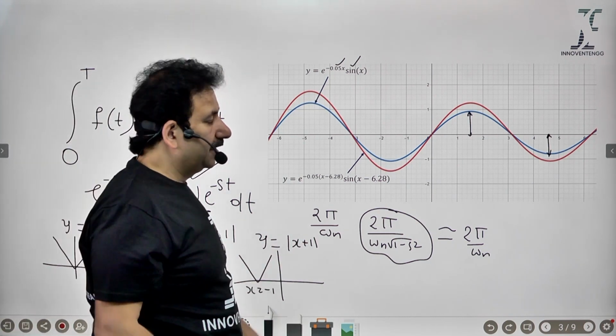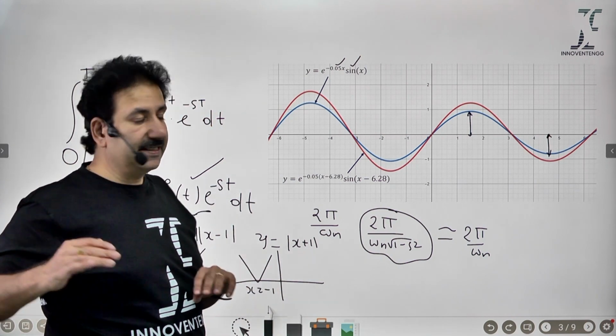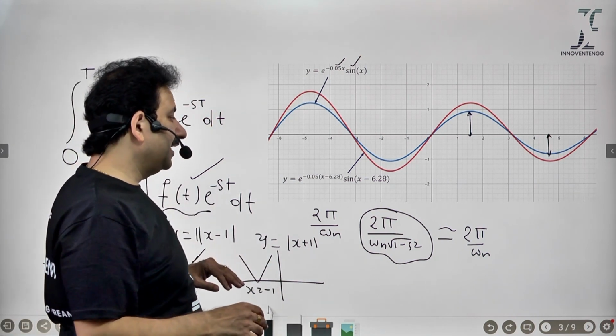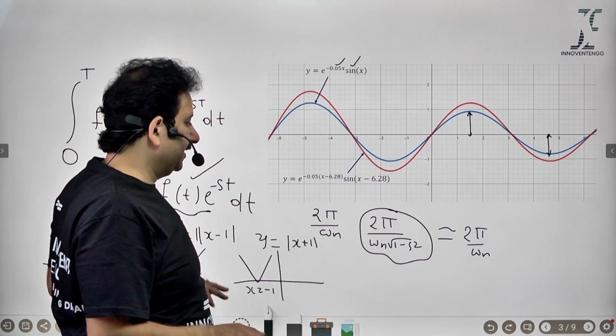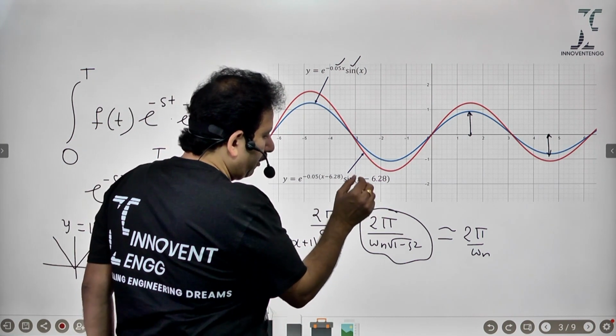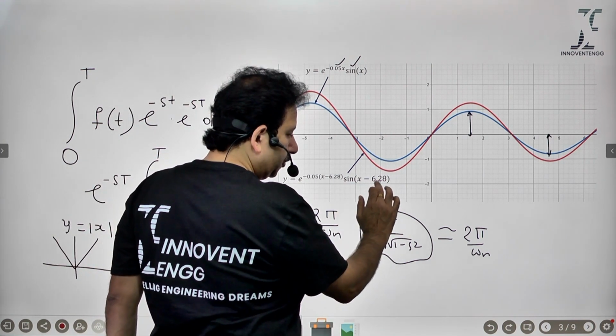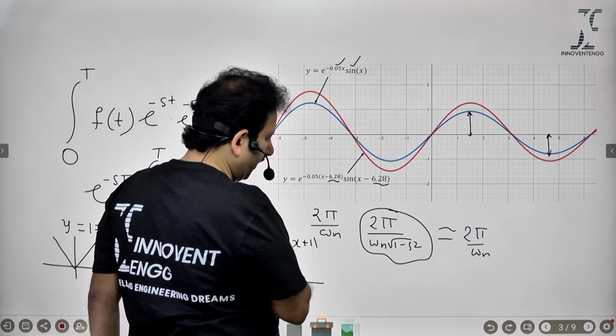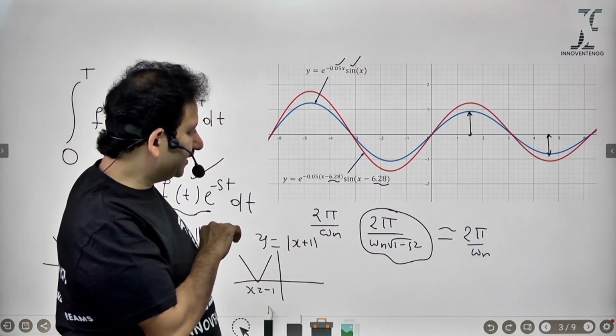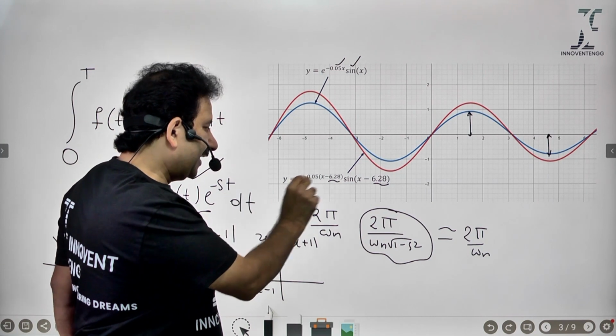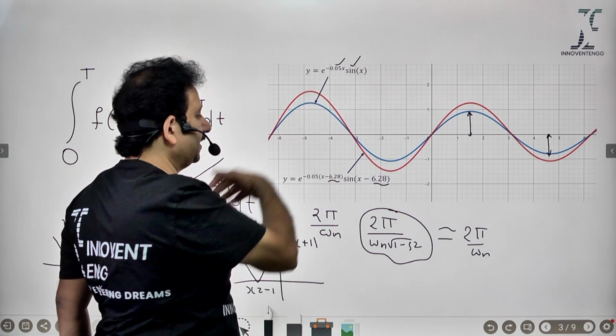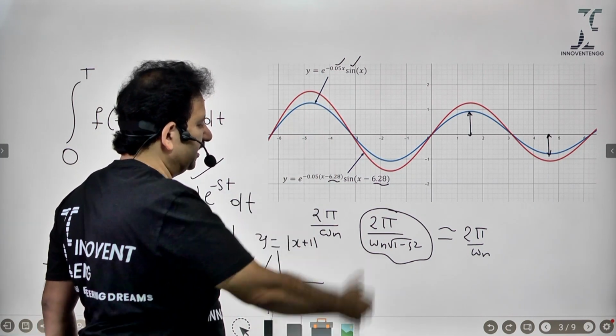So left shifting or right shifting is decided by whether you are adding or subtracting. Here I have approximately assumed the period to be 6.28, that is 2 pi, which is actually not the case, because it can be slightly here and there, 5%, because there is some amount of damping, but the damping is very, very low.